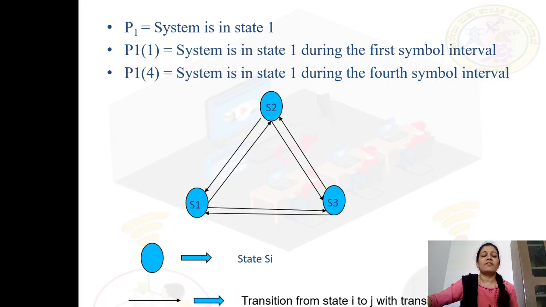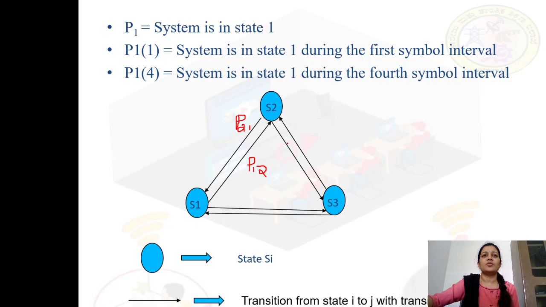So whatever representations we have studied, I'll quickly go through those representations. S1, S2, S3 here are nothing but the states of the source. So here our source can be in any one of these three states, and you can see the transition here from S2 to S1. Obviously I will represent the probability of that transition as P21 because it is 2 to 1, and this transition is from 1 to 2, therefore its transition probability is represented as P12.